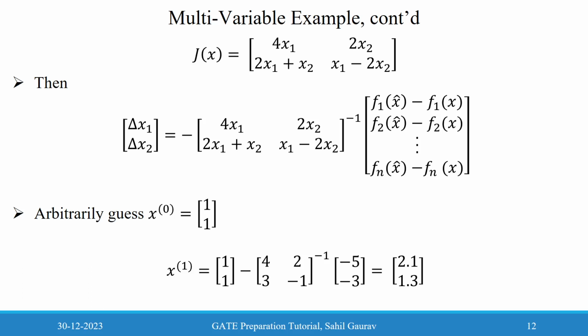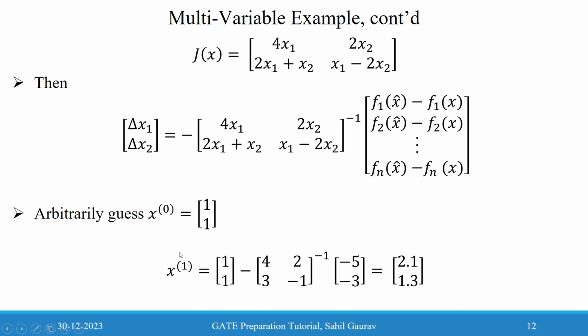So for finding delta x, you first have to find the Jacobian matrix. We have found this Jacobian matrix, and after that we have to take the initial guess. We have taken the initial guess as 1, 1, x1 as 1 and x2 as 1, and upon putting all these values in the equation for delta x1 and delta x2, we will get the first iteration.